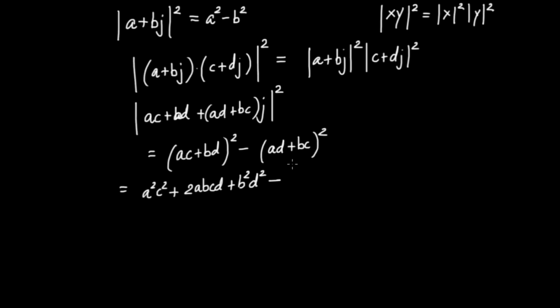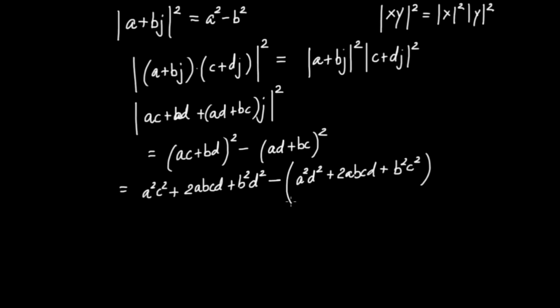Then I'm going to have minus. I'm going to square out this term here. I'm going to have AD squared, which is going to be a squared d squared. Then I'm going to have plus 2ABCD. I have ADBC, but I'll write in the order ABCD. Then finally I have plus b squared c squared.